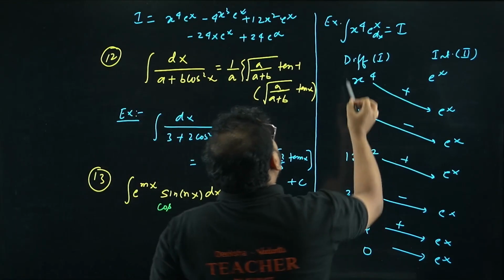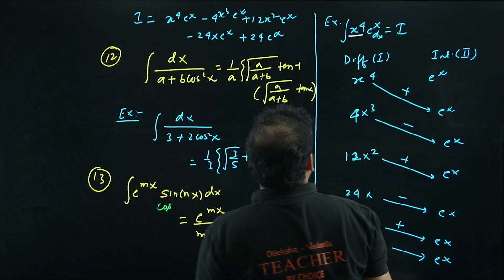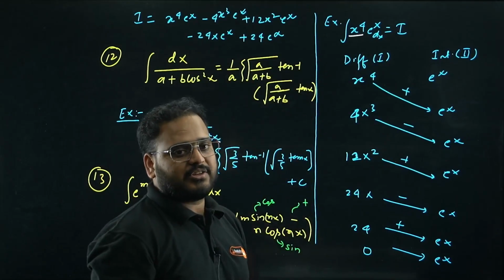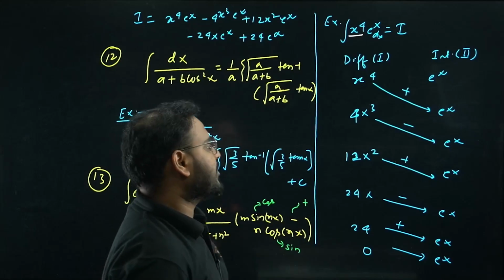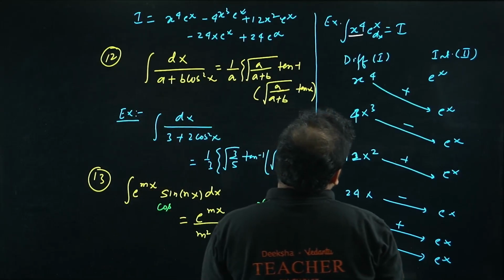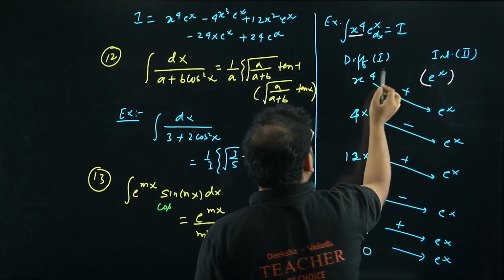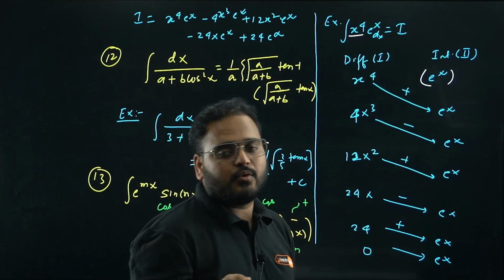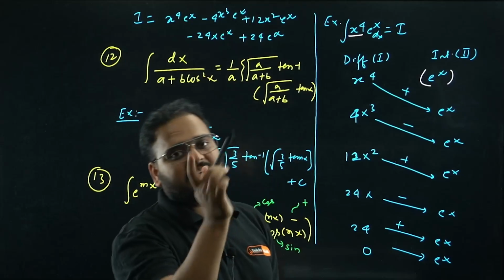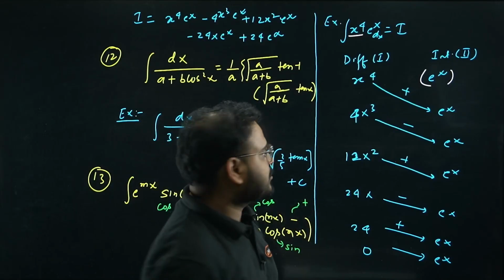Next is an example on that 11th trick. Please check. We have the integration of x power 4 and e power x dx. Again we'll choose the first and second function. e power x is my second function, and x power 4 is the first, since in ILATE, algebra comes first and the exponential function comes last.